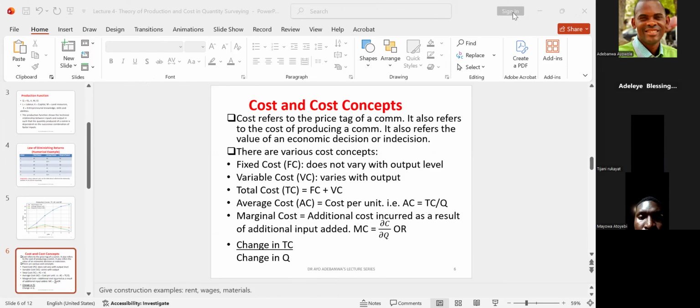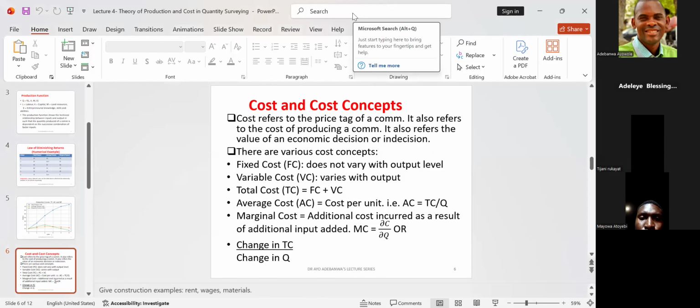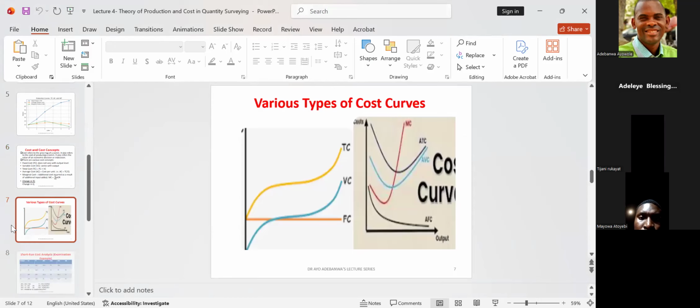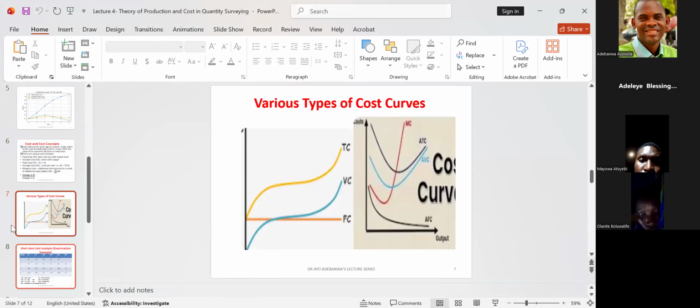Now I'm talking about fixed cost, variable cost, total cost, average cost, and marginal cost. You should be able to look at how to draw their curves and look at the curves here now. You can see that total cost is the yellow or orange line. Then you can see the blue curve showing the variable cost.